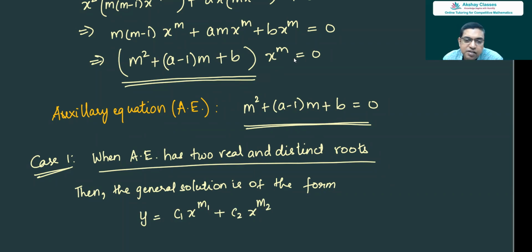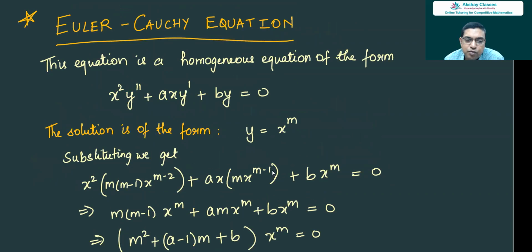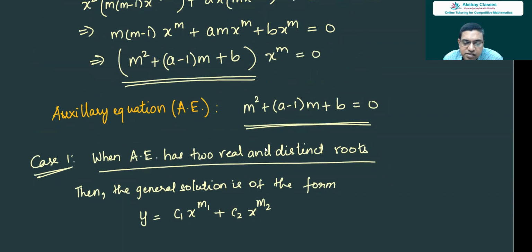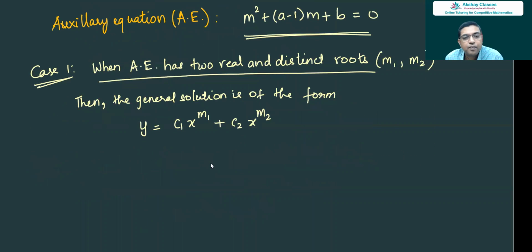So x power m is the function, right? This is the assumed function. Solution is of this form. Now, this is the general solution. Two real and distinct roots, m1 and m2. So we get this. So this is the general solution.